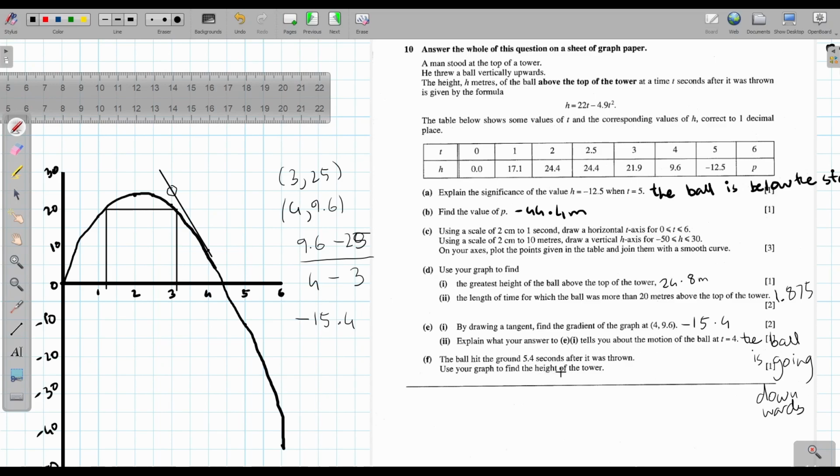The ball hit the ground at 5.4 seconds after it was thrown. Use your graph to find the height of the tower. So 5.4 would be like here, and then that would essentially tell us how tall the tower was from where it was being thrown.